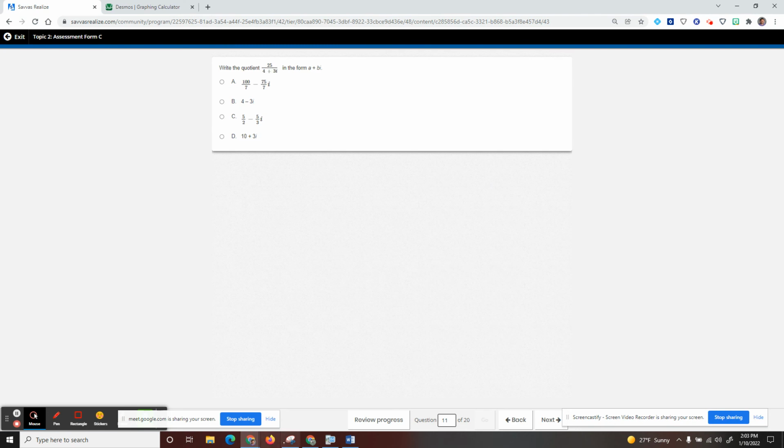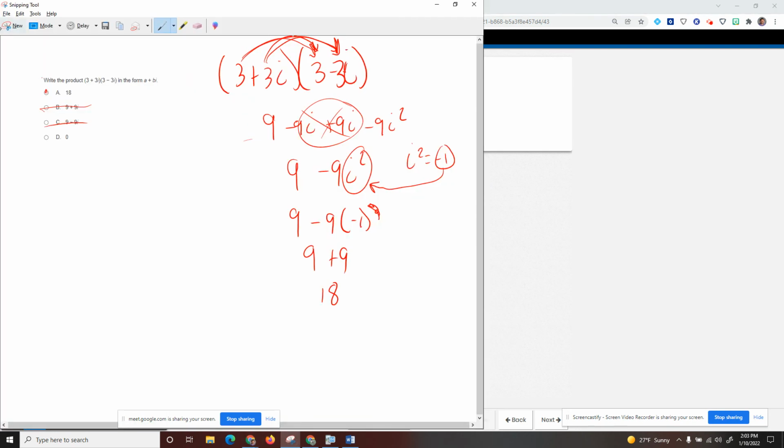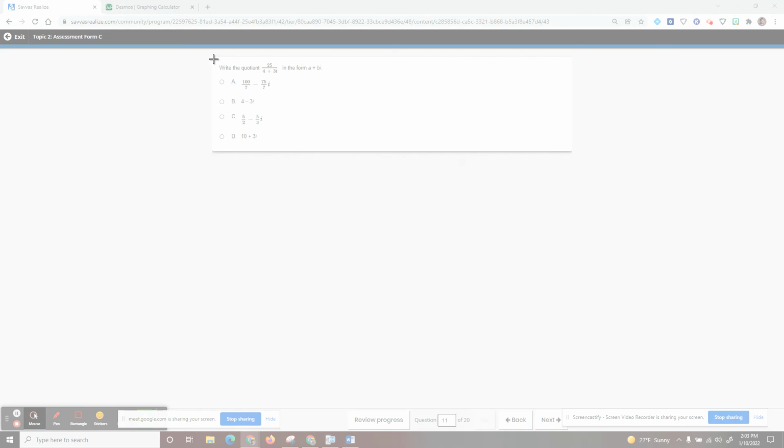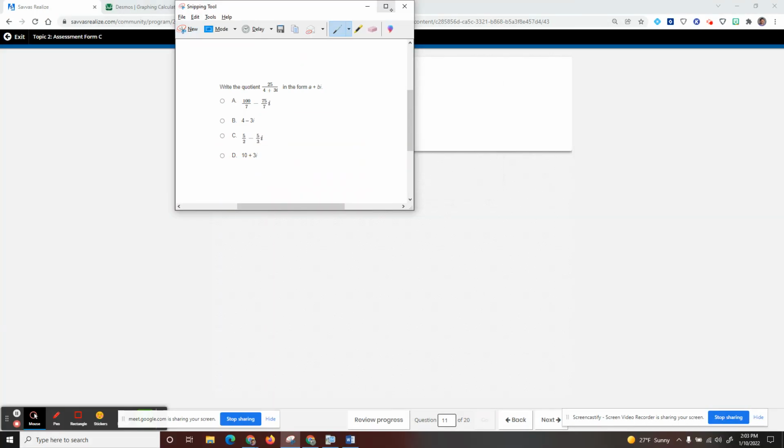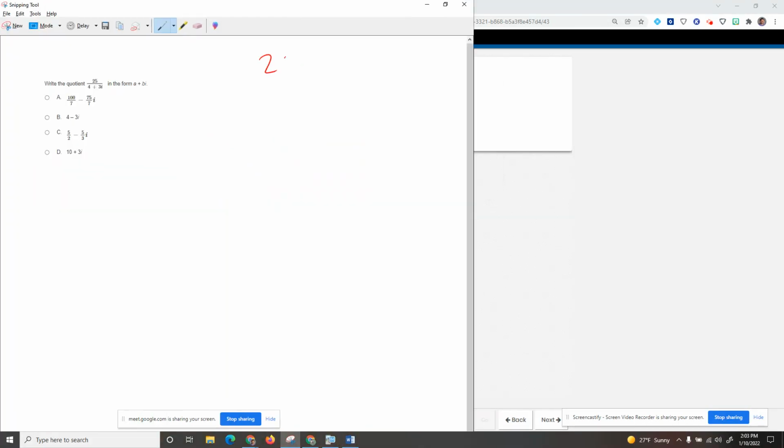All right, number 11. All right, so 25 divided by 4 plus 3i. When you're dividing complex numbers, you cannot leave an imaginary number in the denominator.